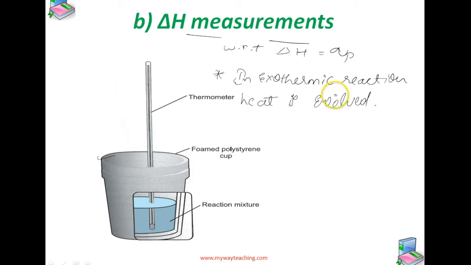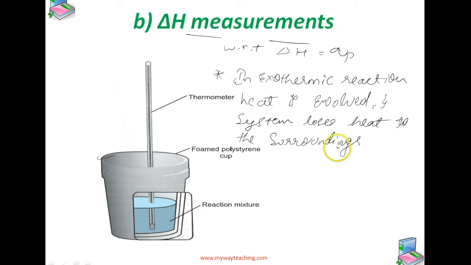The system loses heat to the surroundings. Therefore QP will be negative and delta H will also be negative.